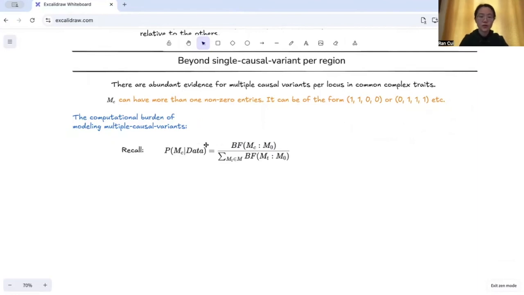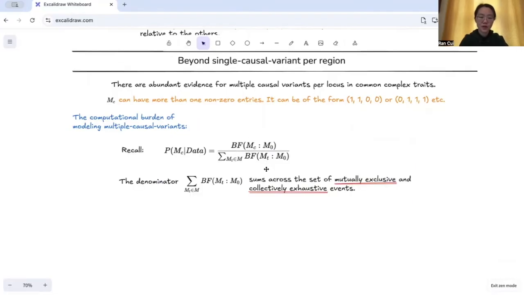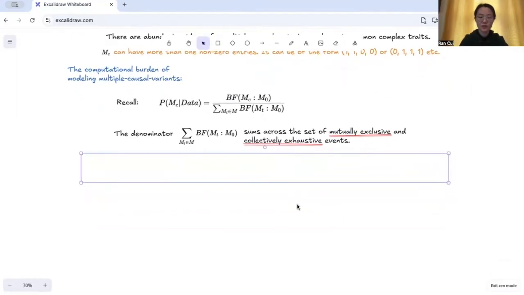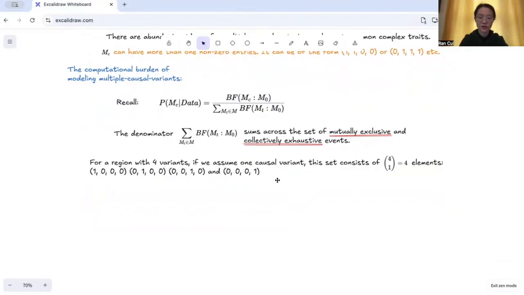Looking at this formula again, in order to compute the posterior probability, you need to divide the Bayes factor by the sum of all the Bayes factors. The problem is that the denominator, the sum of all the Bayes factors, sums across the set of mutually exclusive and collectively exhaustive events. And that's a lot of events if you model multiple causal variants. If a region has 4 variants, this is not realistic because regions are much bigger than this, but let's start here.